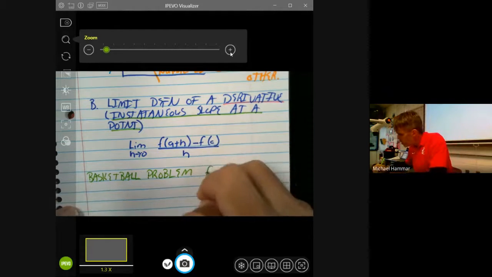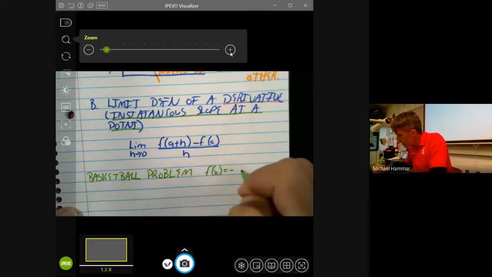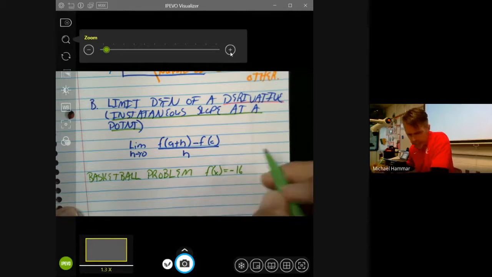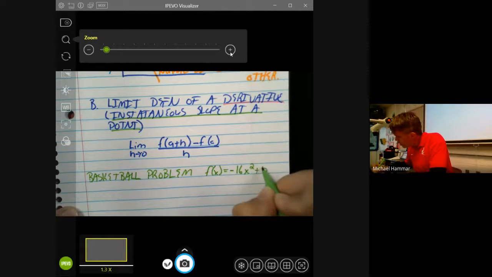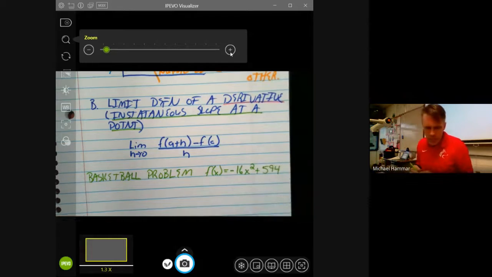And that equation was this: f of x equals negative 16 x squared plus 594. Okay?